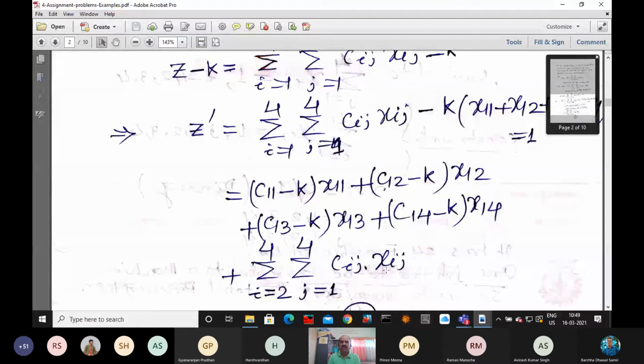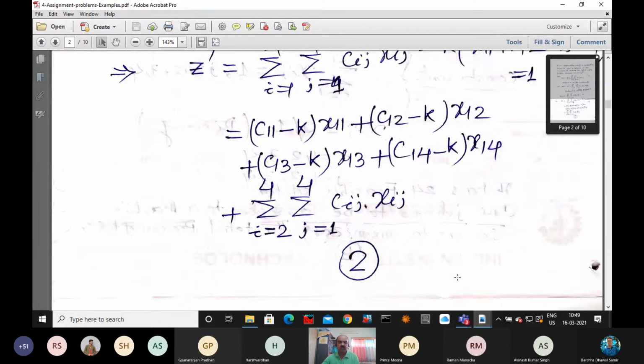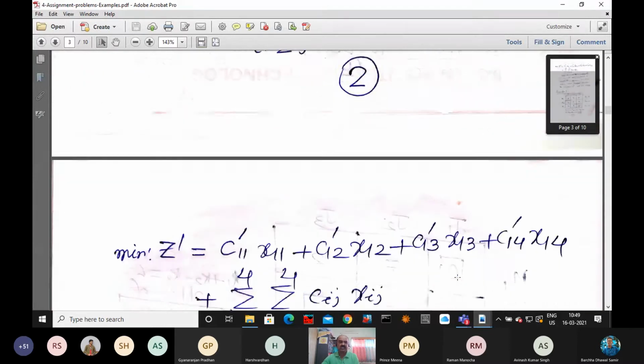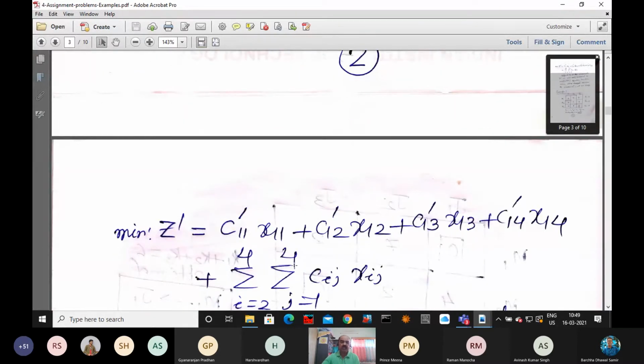So what is happening to this problem? If you observe, this is becoming new terms: C11 dash into x11 plus C12 dash into x12, C13 dash into x13, C14 dash into x14.